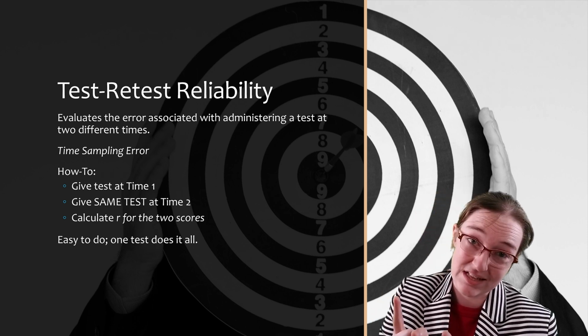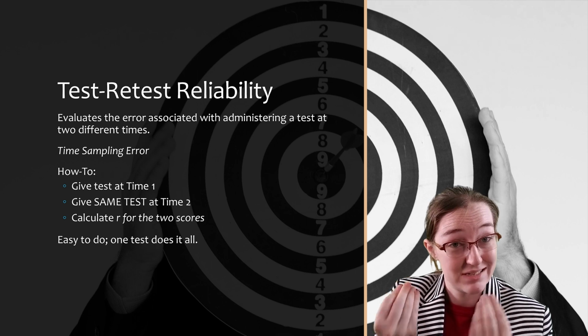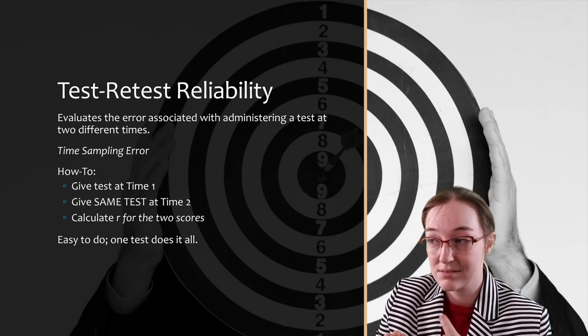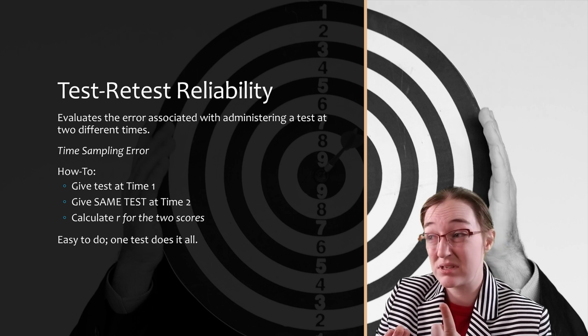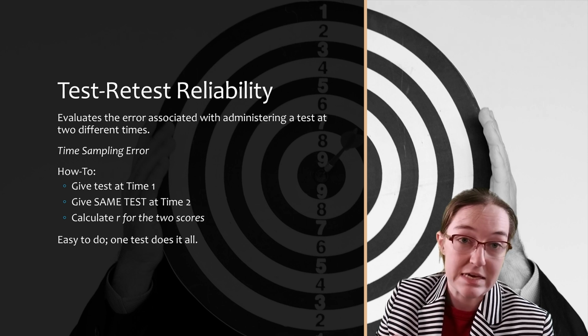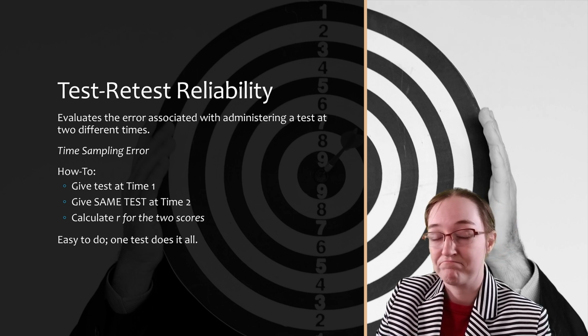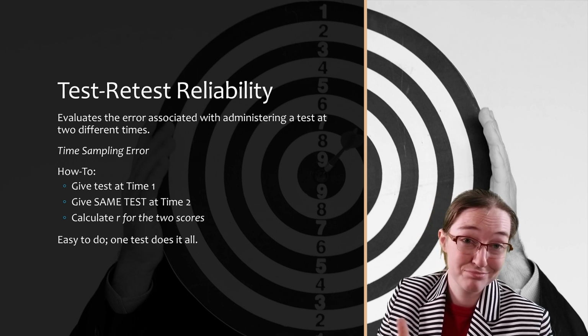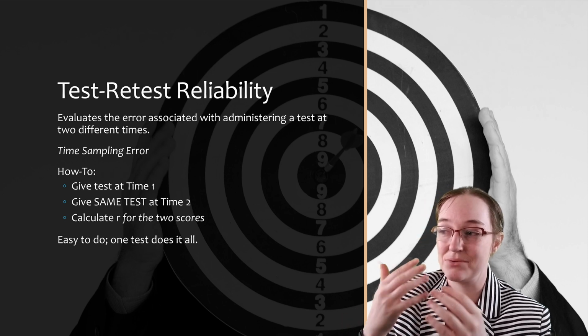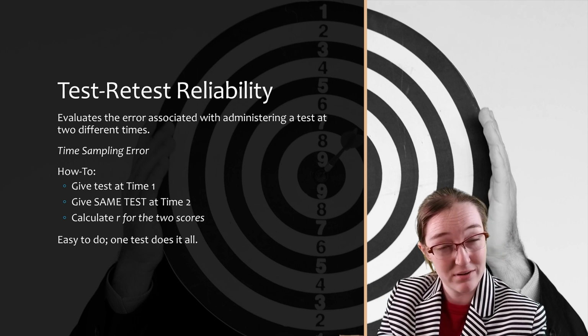Well, at the end of this class, we're going to have that exact same test again, and it will do two things. One, it'll assess your learning, but it will also include some time sampling error, which will essentially be fatigue and response rates.